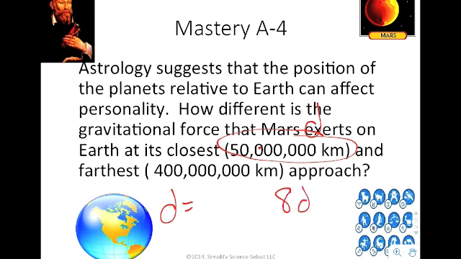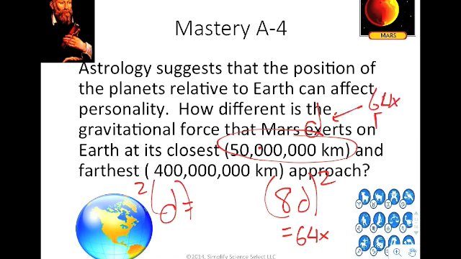So we have the distance and 8 times the distance. Remember, distance is a squared term. So if you were to square this term, you would realize that there is a 64 times greater gravitational pull when it's just at d. So there's 64 times more gravity when it's at its closest approach than when it's at its farthest.